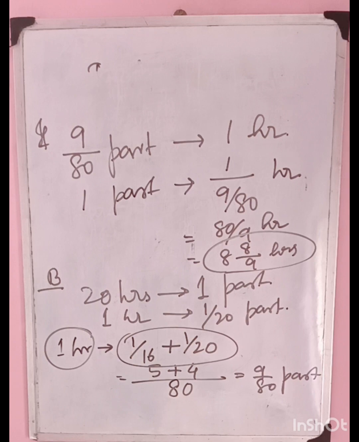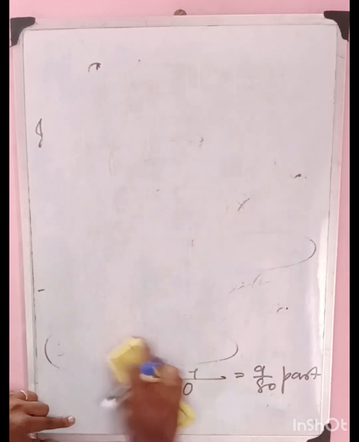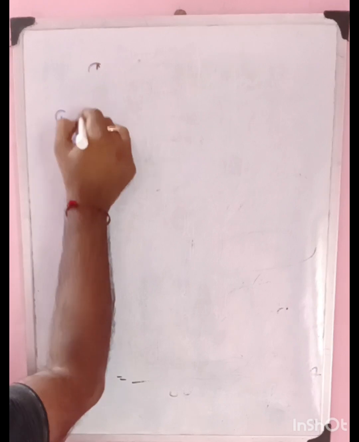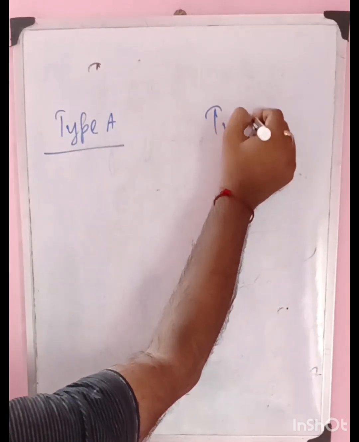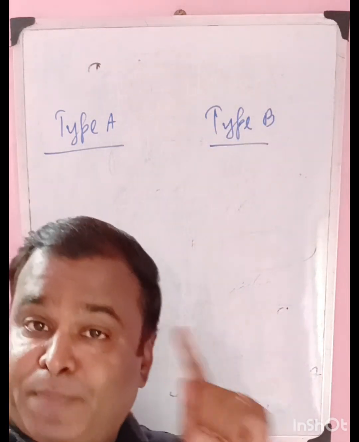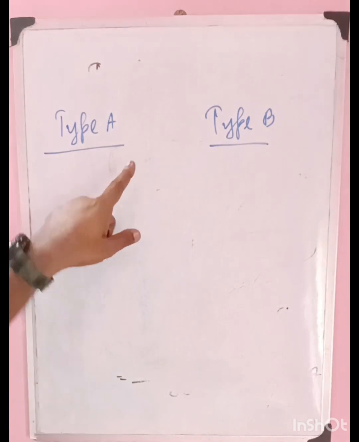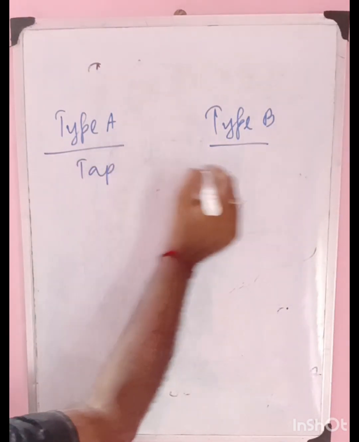Now, another question for your own practice. Suppose two types of tap, type A, type B. In the earlier question we said tap A, tap B. Now I am saying type A tap and type B tap.